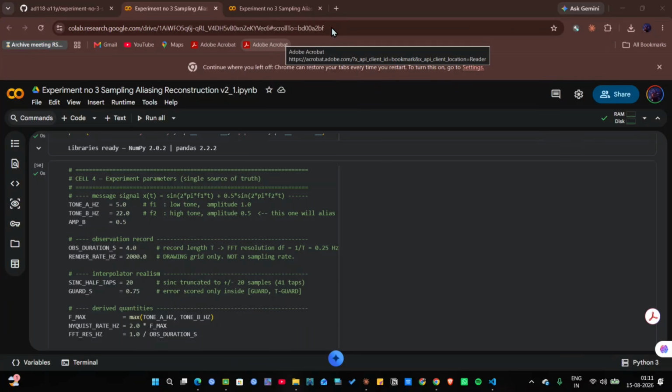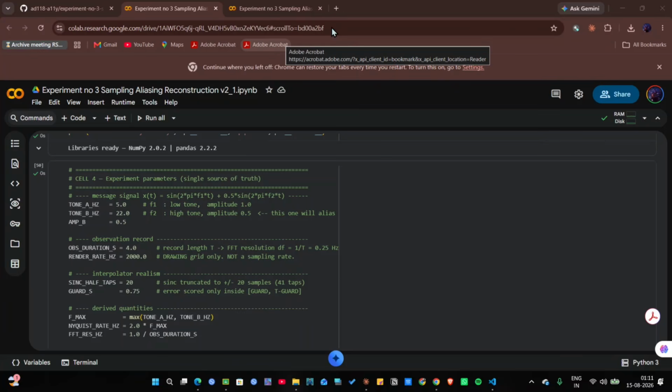Figure 1 shows sparse, distorted samples.